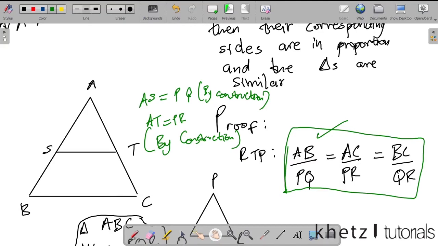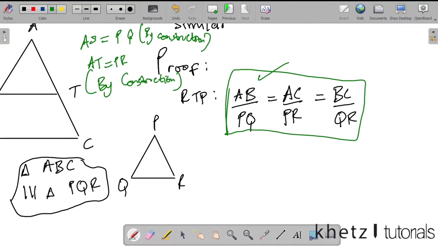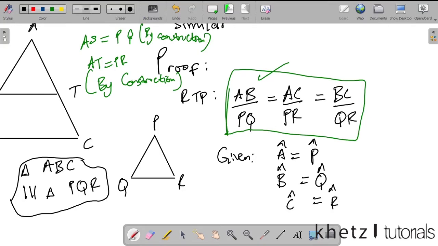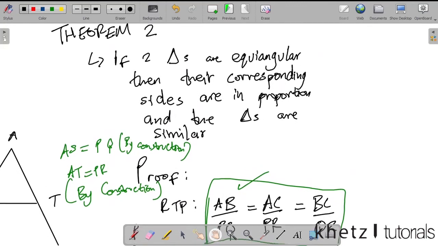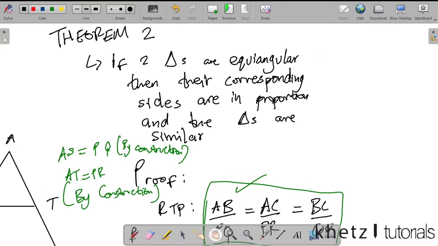And let's just say we were given the following. Given that the angle A is equal to the angle P, the angle B is equal to the angle Q, and the angle C is equal to the angle R. This is going to be helpful because we now know that these two triangles are equiangular.